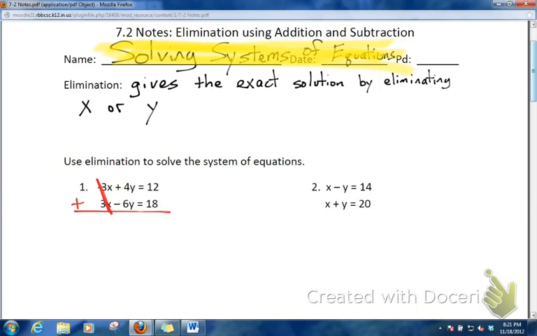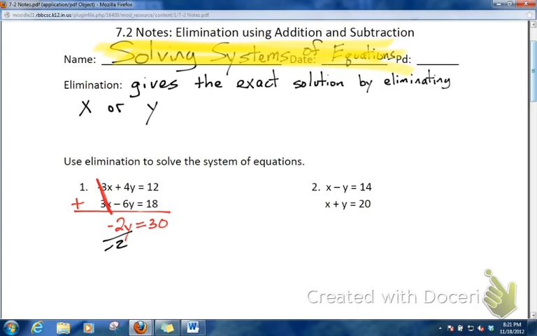So now you have 4y plus a negative 6y, which we know is negative 2y. And then you have the 12 plus the 18, and again, you have to say that plus in between each problem. So 12 plus 18 gives me 30. And then you just have a basic 1-step equation to solve.